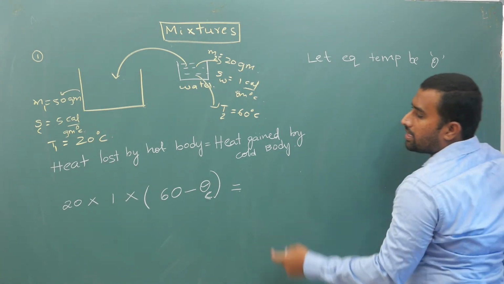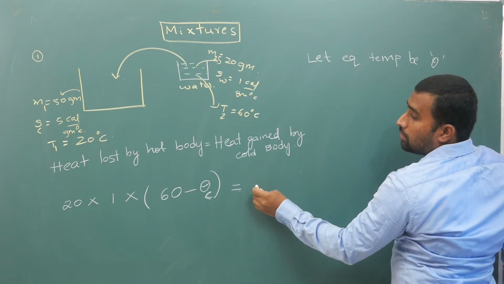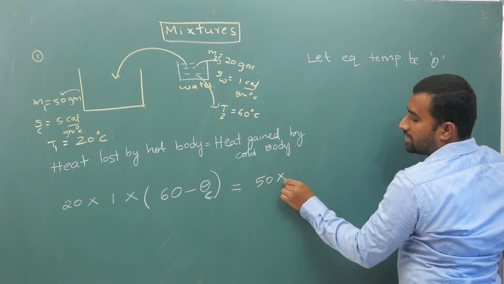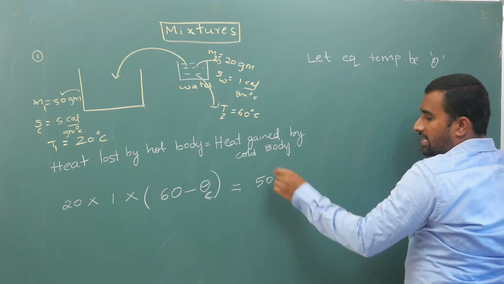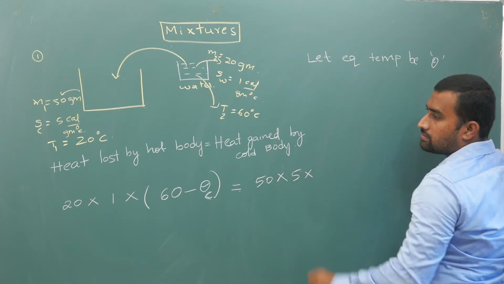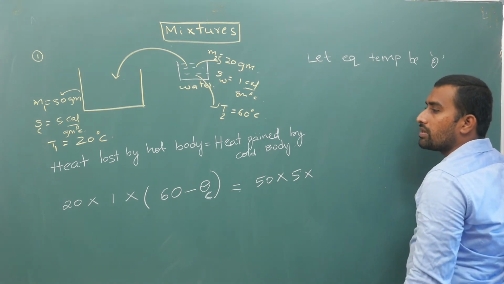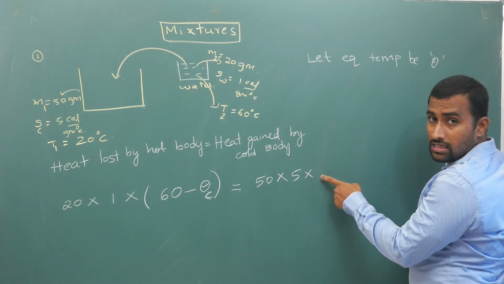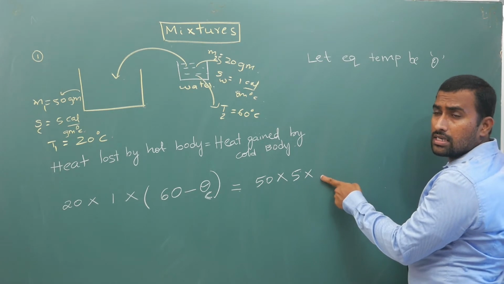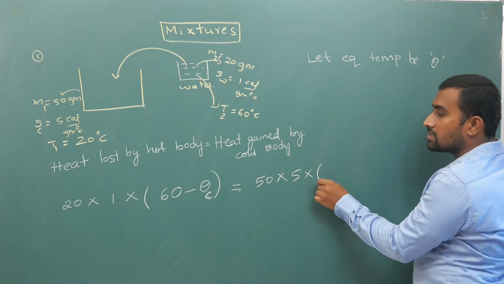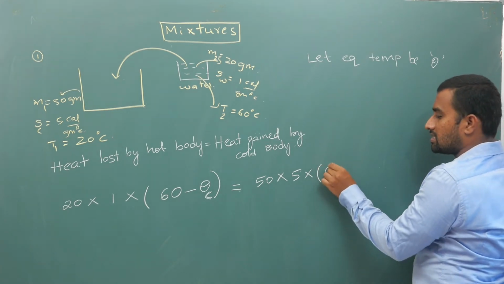Now coming to your gain part, your gain is 50 into the specific heat of container, which is 5 times. For gain, you have to take final minus initial.